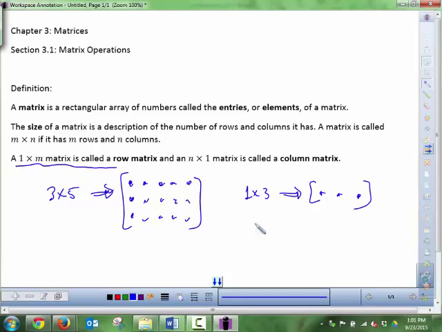And a 3 by 1 matrix will have 3 rows and 1 column. So this is our basic convention for determining the size of a matrix. Okay?